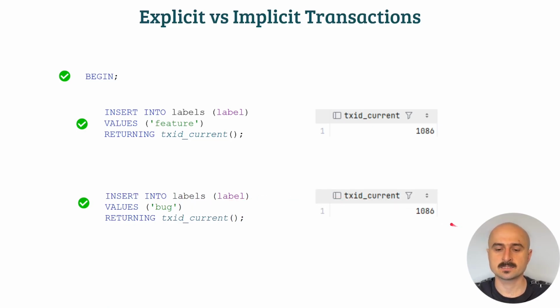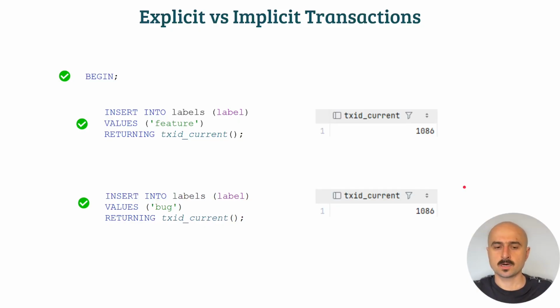And we see that the transaction ID for this insert statement is the same as the one that was executed before, which makes sense because we explicitly start the transaction and we know that whatever follows the begin or begin transaction SQL statement is going to be part of the transaction. And here's the proof for that. The transaction ID for both of the insert statements is the same.